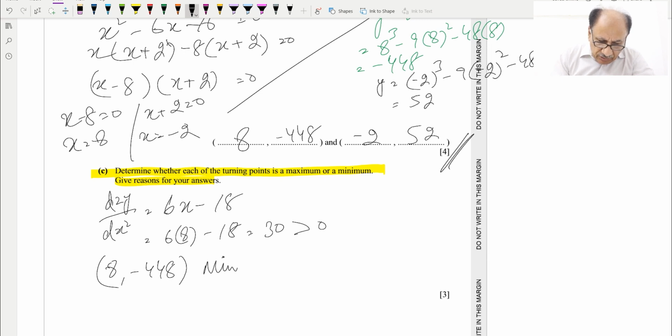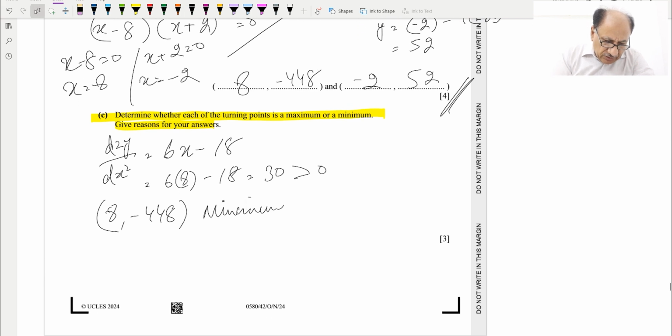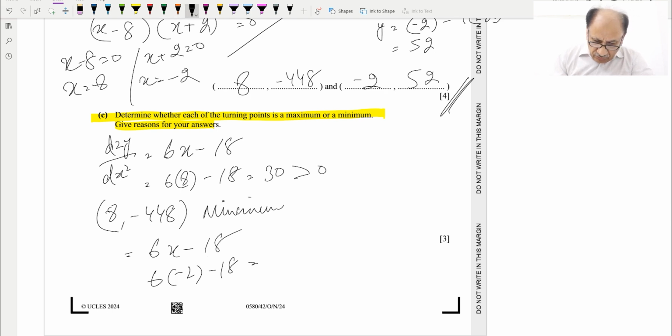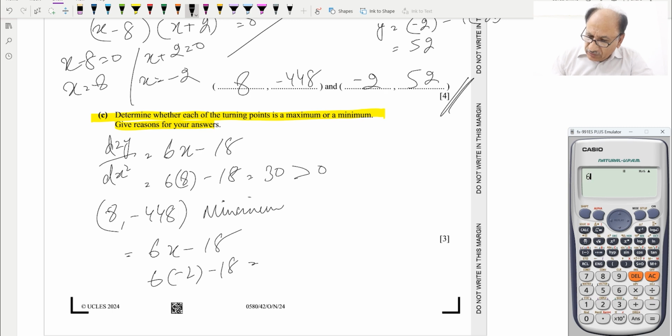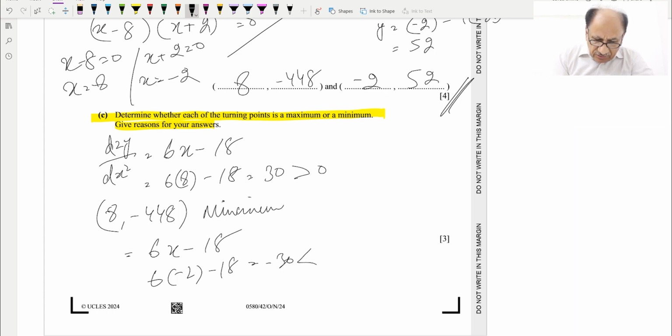And if we replace minus 2 in 6x minus 18, this will be 6 into minus 2 minus 18, and this is giving us minus 30, which is less than 0.